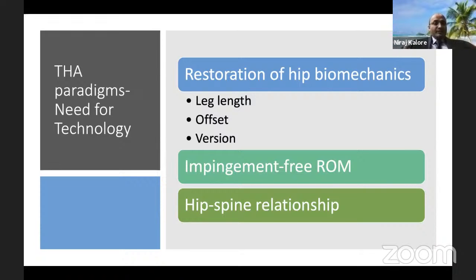The other paradigm of hip replacement is to avoid impingement with range of motion. Now, in manual testing, we test it with the patient in one fixed position, supine or lateral, and look for component impingement as well as soft tissue or bone-to-bone impingement, and try to minimize that in surgery.